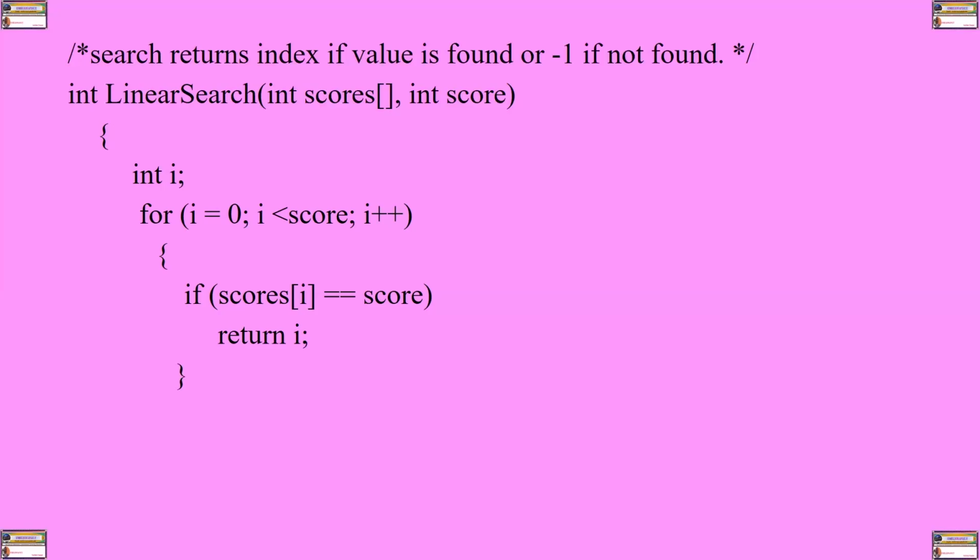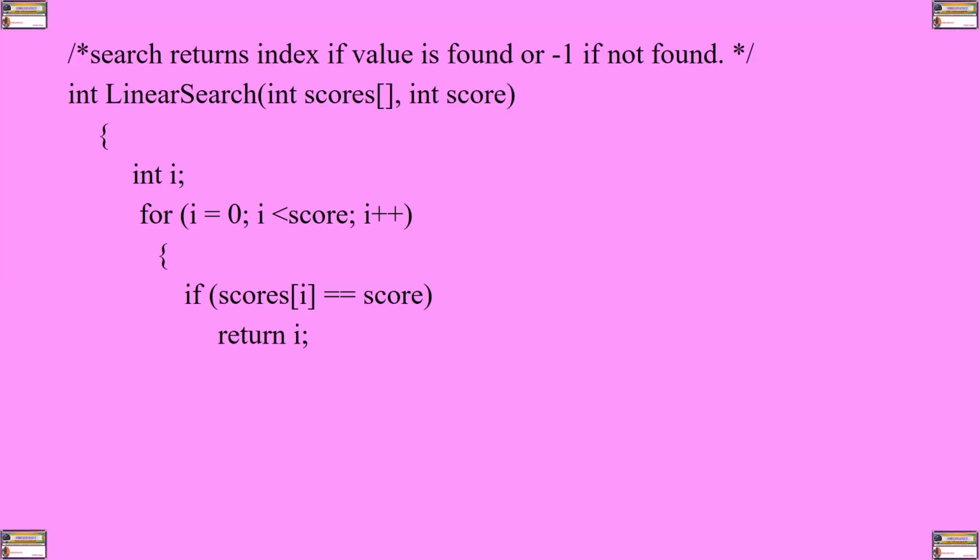So what that means is, if the value which is in score 0 is found to be equal to the value which has been received, then what will be sent to the caller is 0. That's the current value in memory location called I.